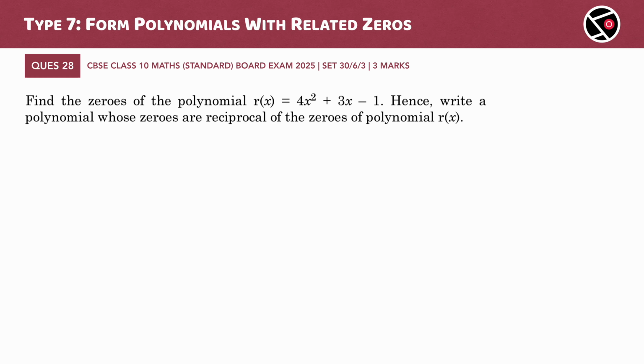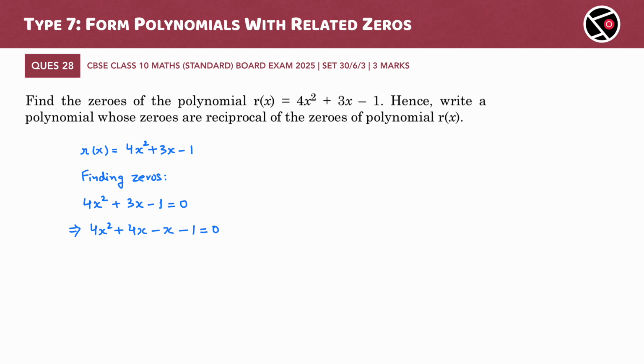Alright, the polynomial R of x is 4x square plus 3x minus 1. To find zeros, we equate R of x to 0. 4x square plus 3x minus 1 equals 0. To factor, we rewrite as 4x square plus 4x minus x minus 1 equals 0. We pull out 4x from the first two terms.